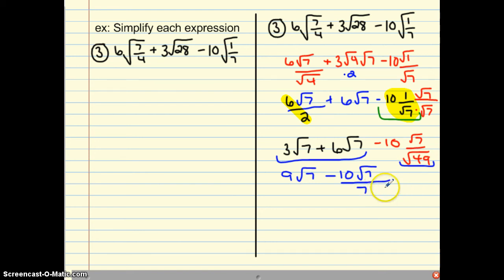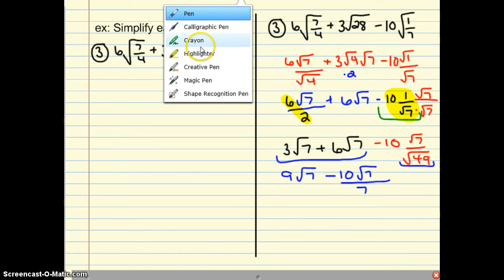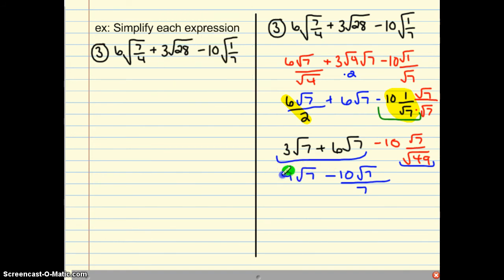I think the nicest way to do it, and this is going to be kind of weird for you folks, 9 is the same thing as 63 over 7.